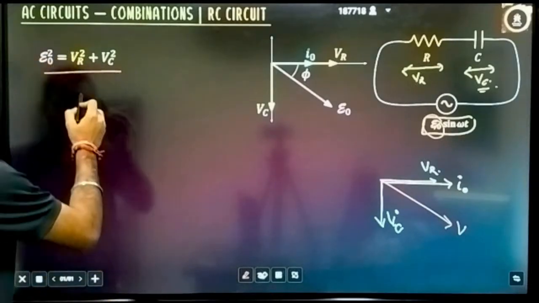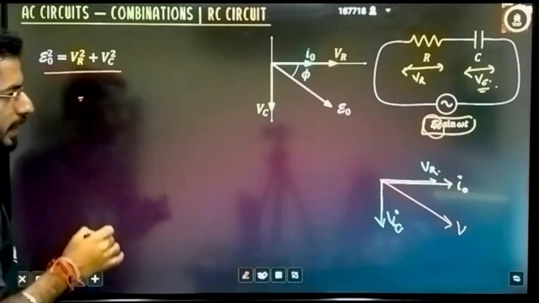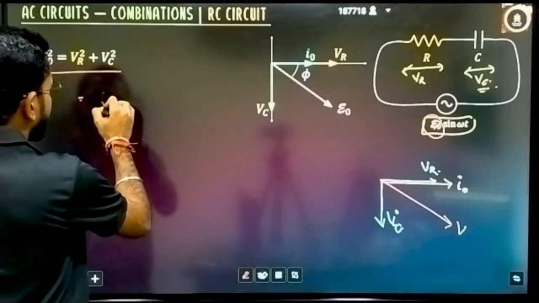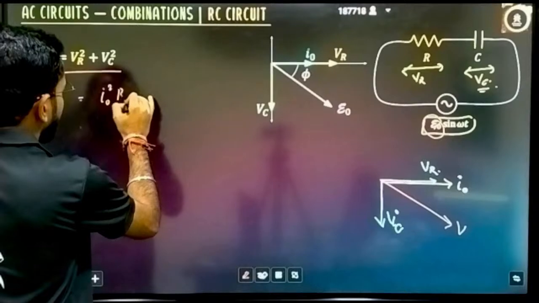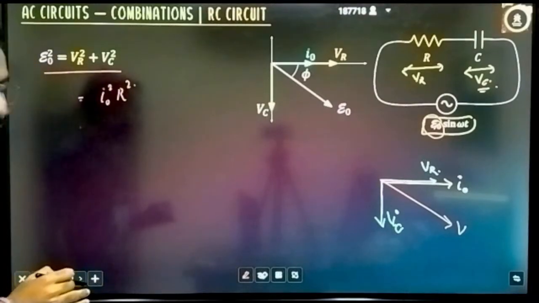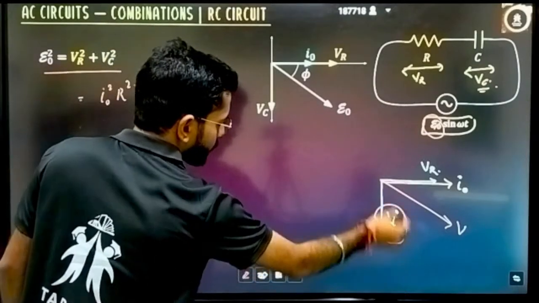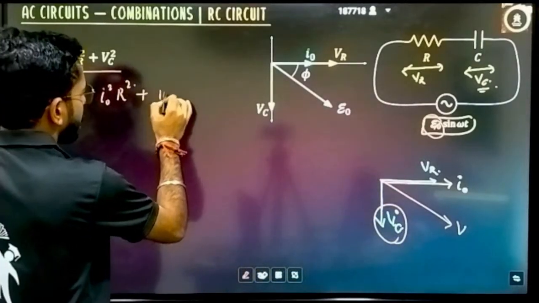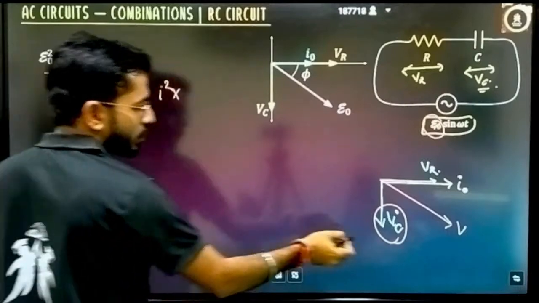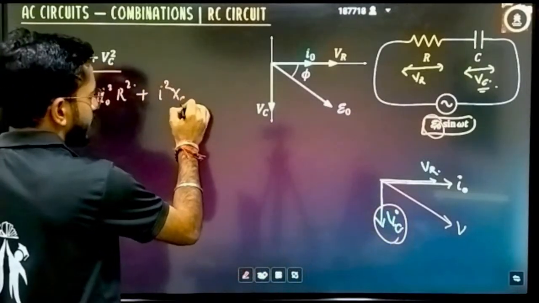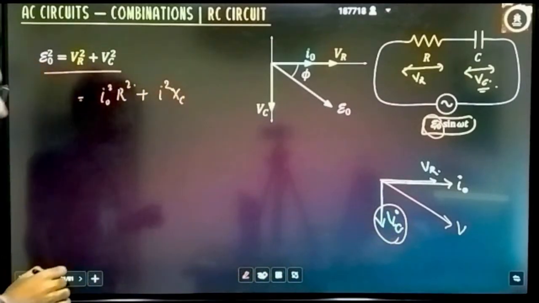Now write. What can you write for VR square? VR square can be written as I naught square into R square. What can you write for VC square? I naught square into XC square, where XC is the resistance offered by the capacitor, that is the capacitive reactance.